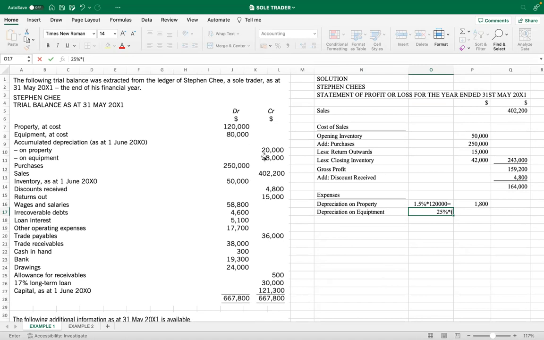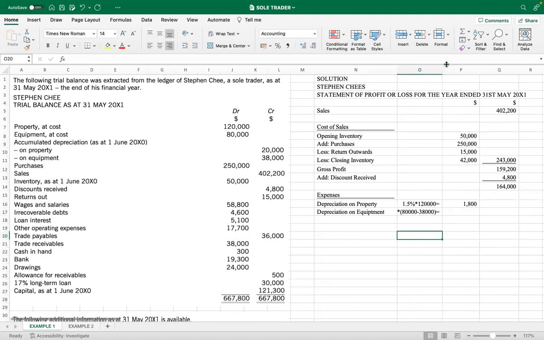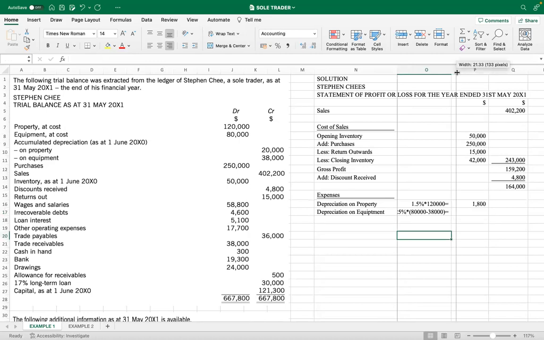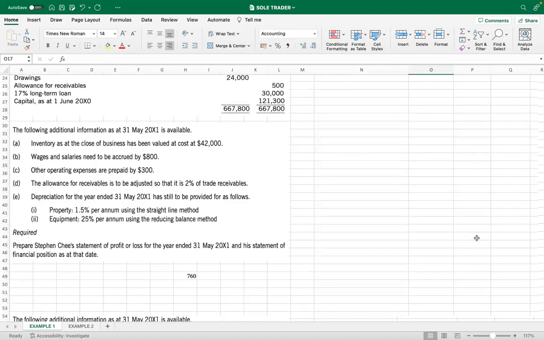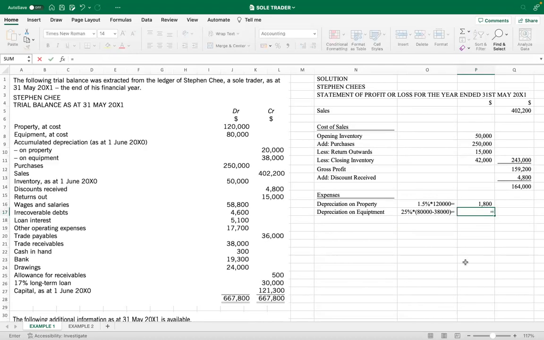Reducing balance, the cost minus accumulated depreciation, that is what you get the percentage from. So 80,000 minus 38,000. So we have 25% times, in brackets, 80,000 minus 38,000. We are done with an expense called depreciation.